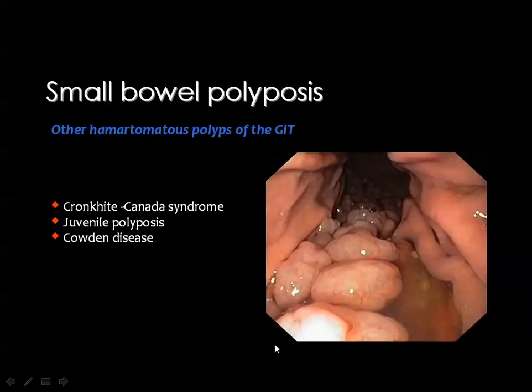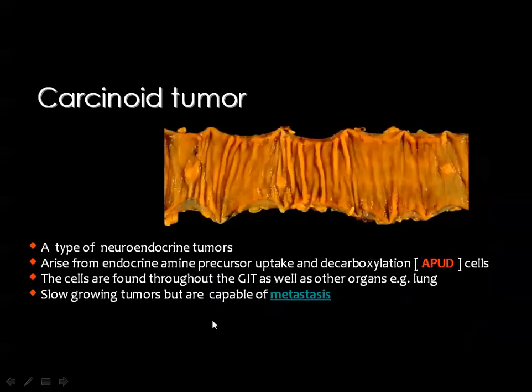The polyps can be seen in the endoscopy, like these masses within the bowel lumen, and the other common polyposis syndromes will be discussed in the section on the colon, including Cronkhite-Canada syndrome, juvenile polyposis, and Gardner disease.